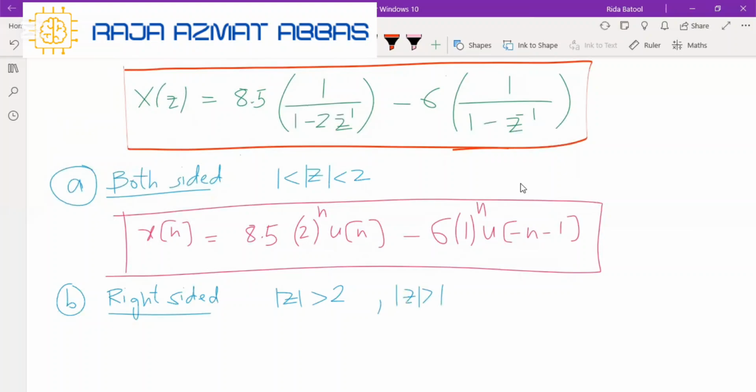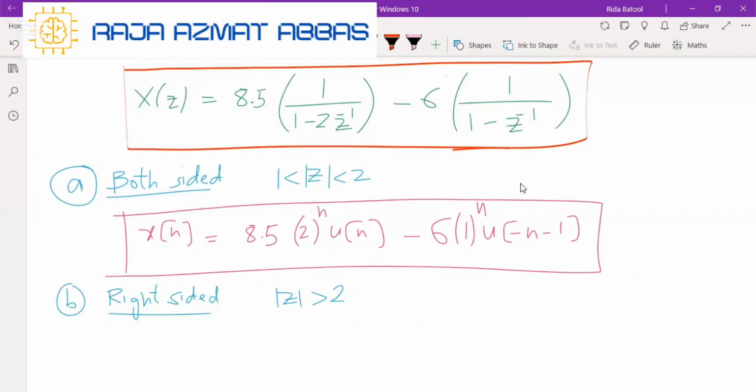Now, what will be the final ROC? Z greater than 2 or z greater than 1? So z greater than 2. Good. So z greater than 2 will be the final ROC, because if you consider z greater than 1, it will oppose z greater than 2, because it is also going to include the area in between 1 and 2.